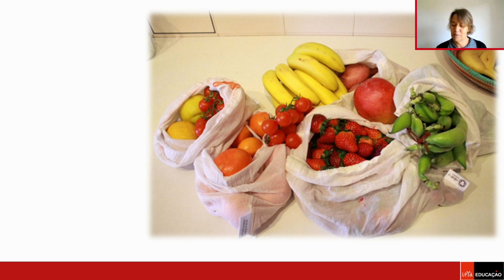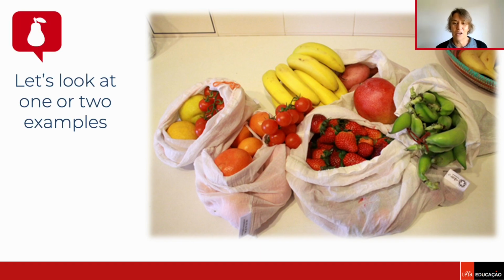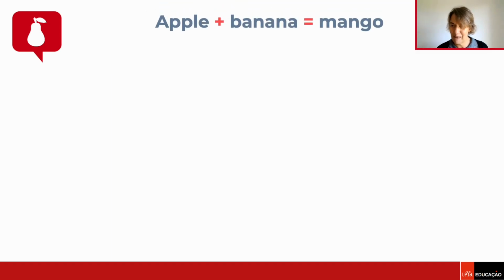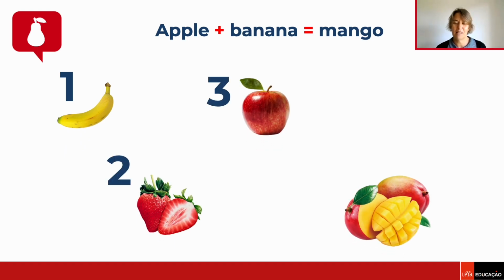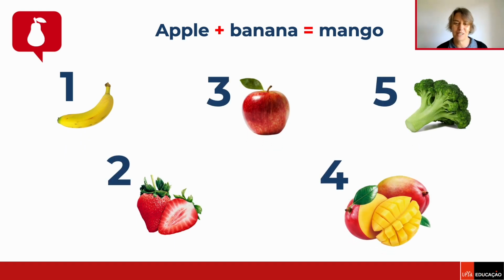Okay, so here we are. We're back to our image, and we're going to look at a few examples using this one particular image. So going back to our maths, we've got apple plus banana equals mango. Strange kind of maths, right? But if we look at these images here, you can see exactly what I'm getting at.